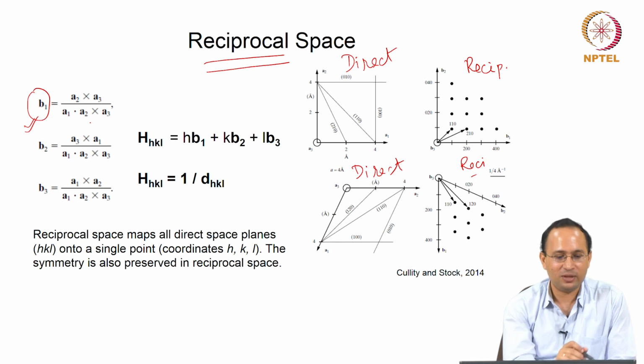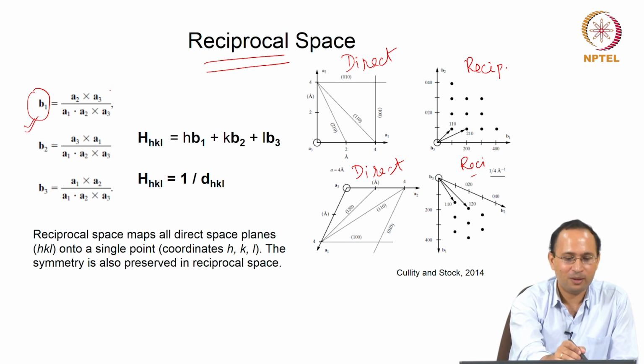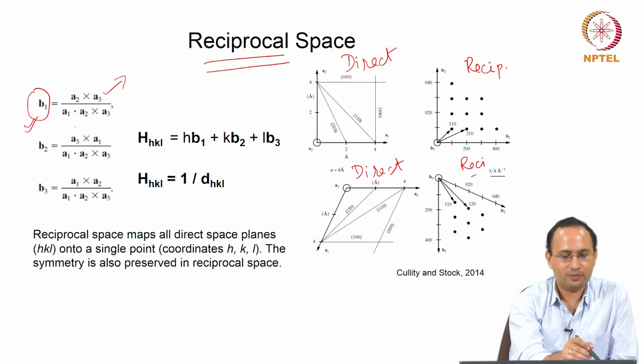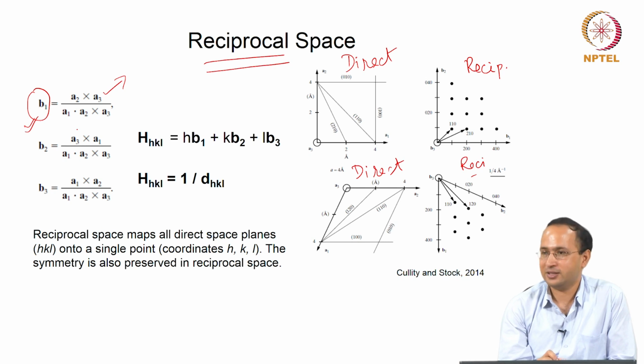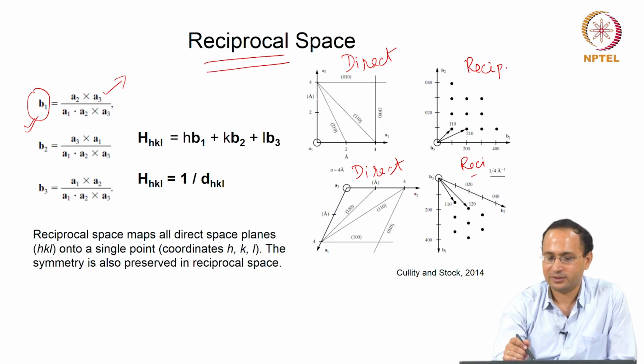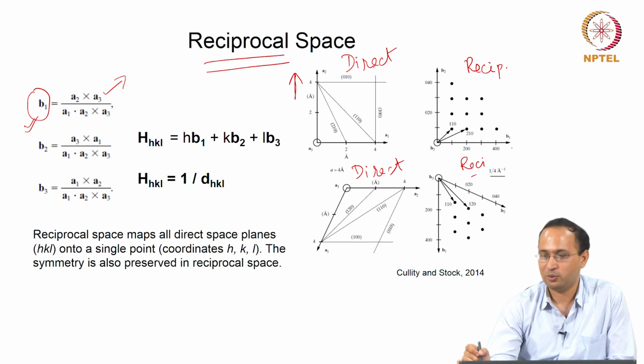That immediately tells you that B1 is perpendicular to A2 and A3, because the denominator is a scalar and the numerator is A2 cross A3. So how do we plot B1? A2 is in this direction and A3 comes out, so A2 cross A3 gives B1, in this direction.